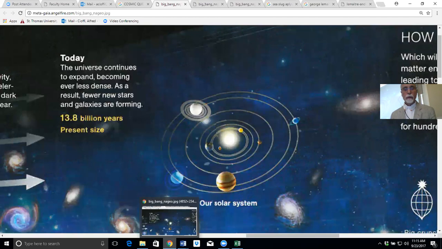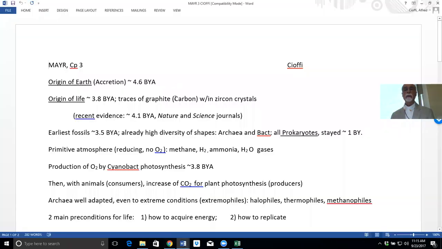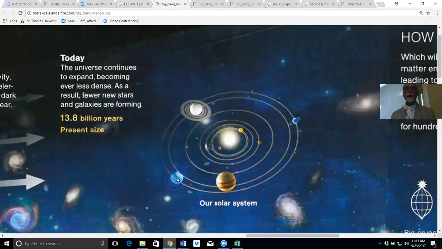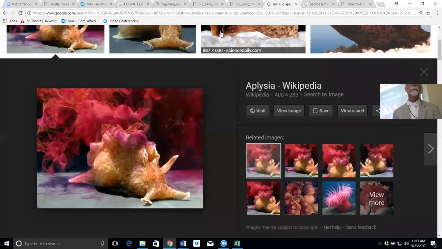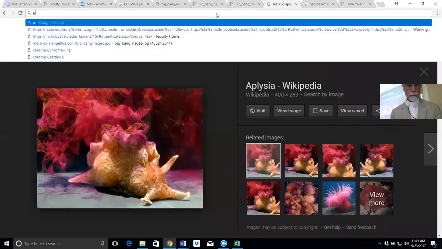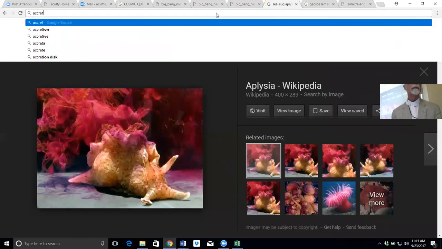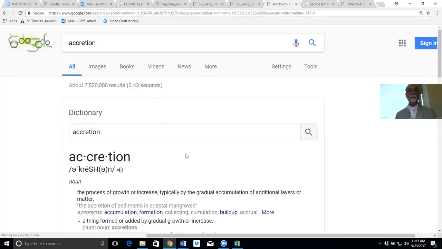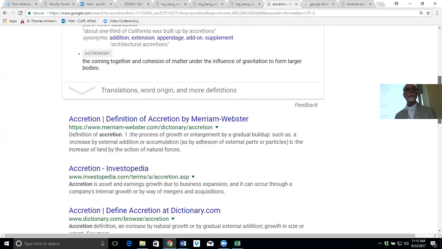So to summarize all that, the formation of planets and therefore the formation of galaxies is known as accretion. Accretion, which is basically a massive condensation process, that the typical result is planets, okay?